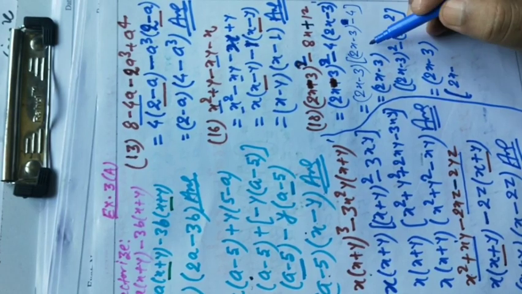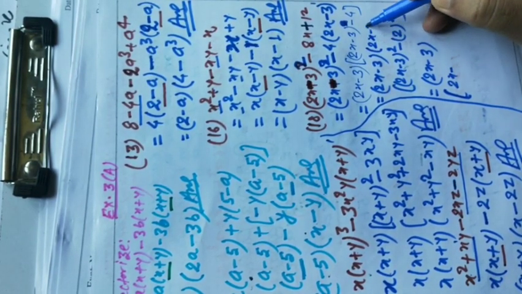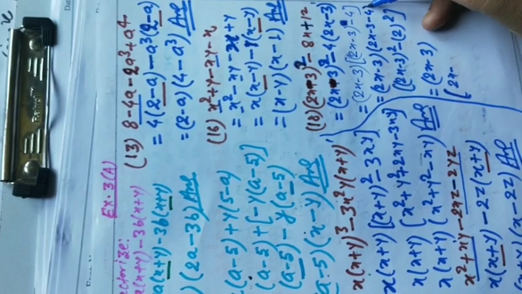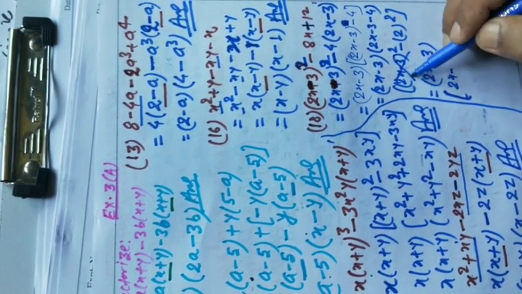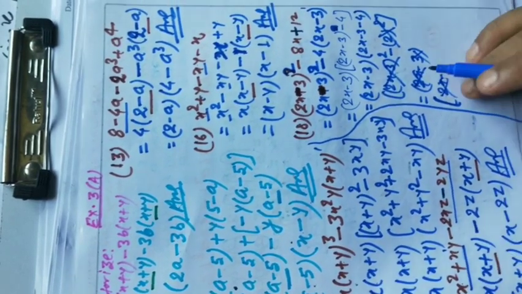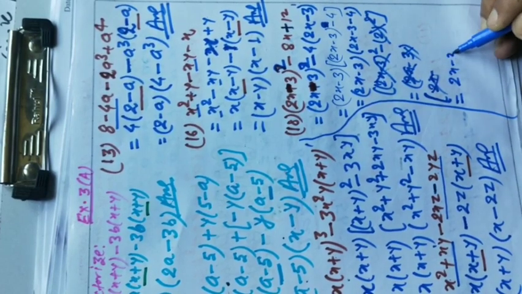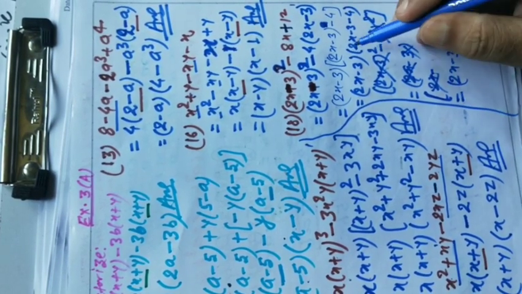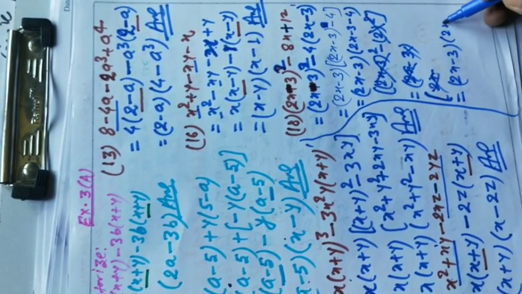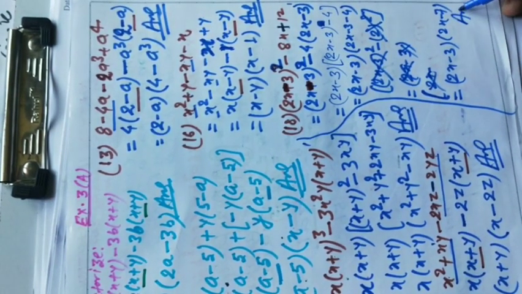So the process of factorization will be 2x minus 3 and minus 4 will be there. Got it. Then we are left with 2x minus 3, and this will be 2x, and minus 3 minus 4 will be minus 7. This is your factorization.